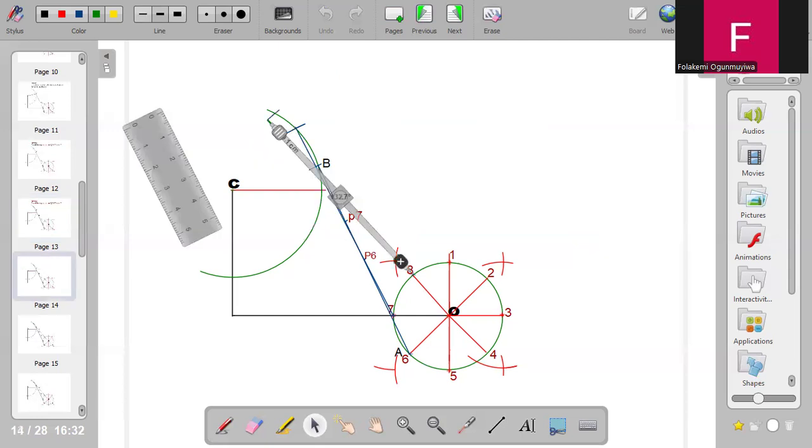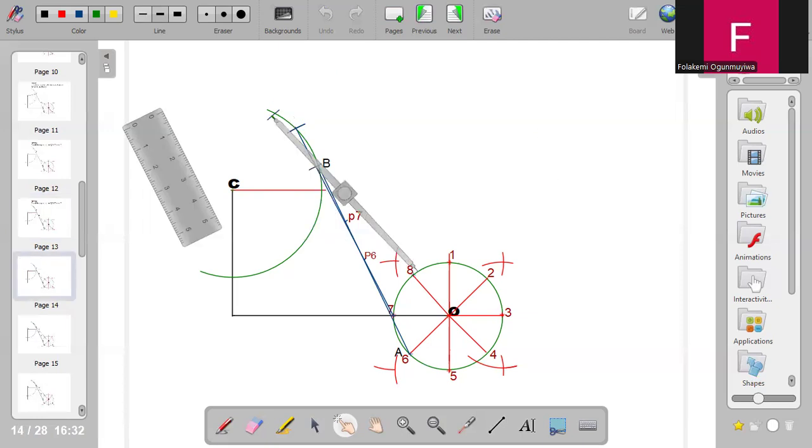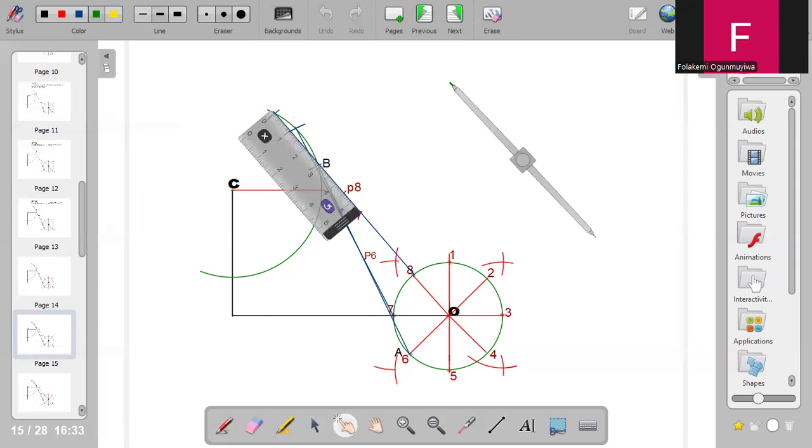I'm going to repeat the same procedure. Just bring out your ruler. You can even use your ruler to get this easily, but if you still want to use your compass, you can do that. Center at division 8, using a radius of 9 centimeter, you strike an arc. Then connect the line together.